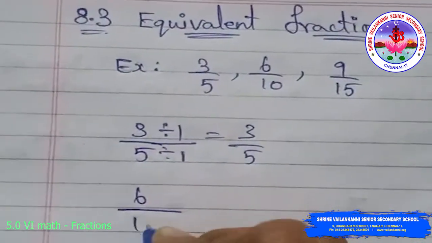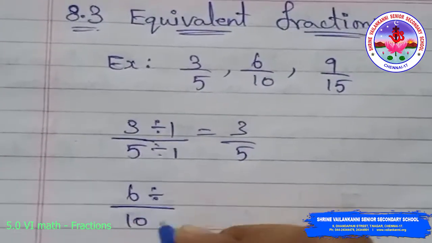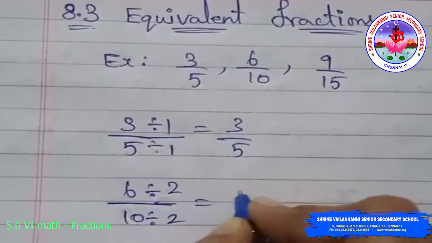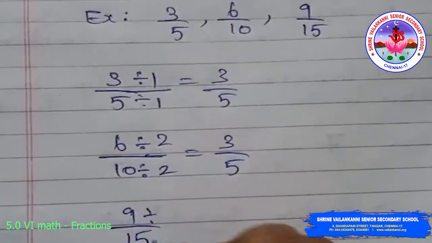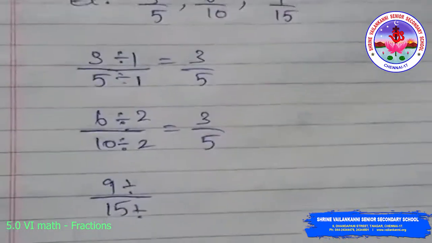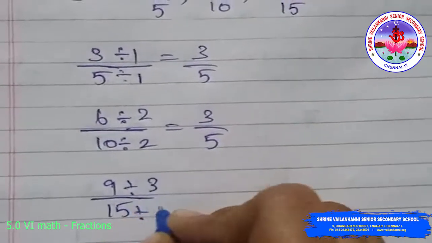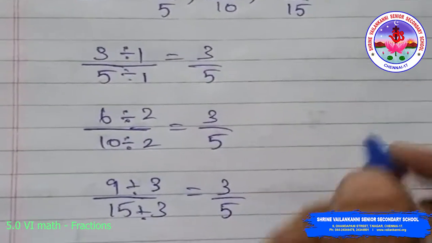6 by 10: convert to lowest terms by dividing by the common factor, that is 2, giving 3 by 5. 9 by 15: convert to lowest terms by dividing by the common factor, that is 3, giving 3 by 5.